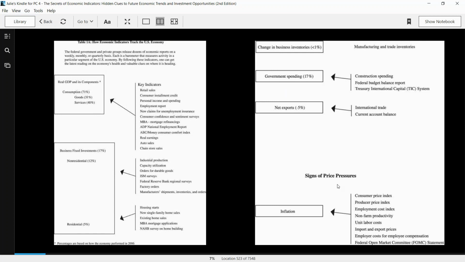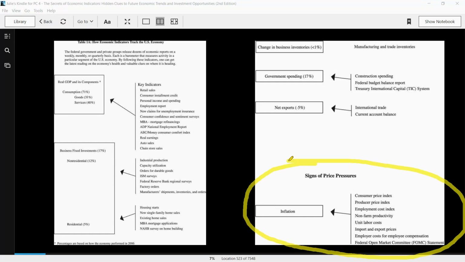But we want to not be paying attention so much to the key indicators anymore, as much as we want to be trading the price pressure data. So we want consumer price index, producer price index, employment cost index, all of these data we need to be intimately aware of, and also the FOMC statements for inflation.